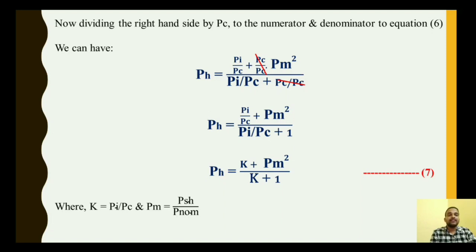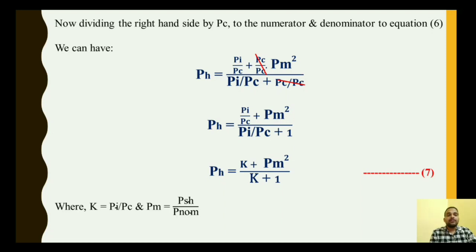So we get P_H equals P_I upon P_C plus P_M squared, divided by P_I upon P_C plus 1. That is P_H equals k plus P_M squared divided by k plus 1, as here we have considered P_I upon P_C equal to a certain constant k.